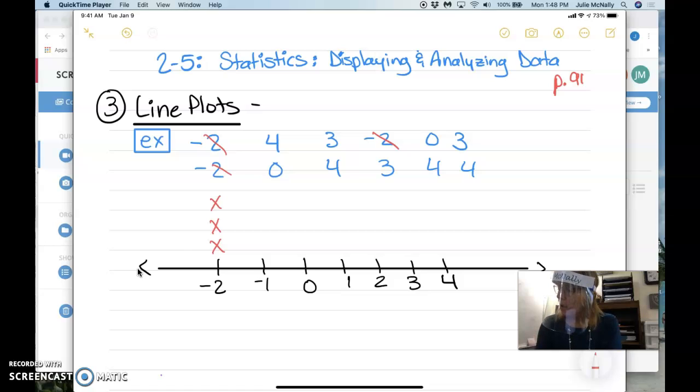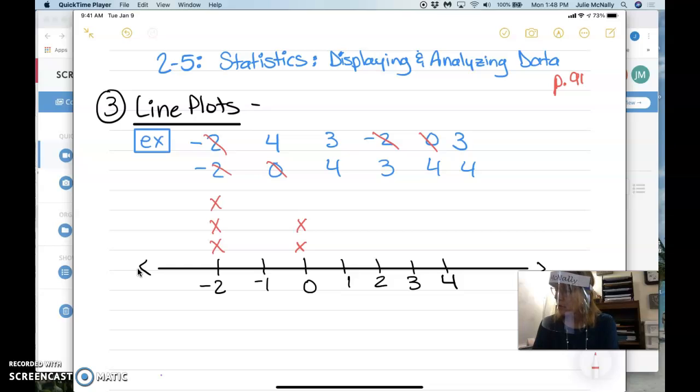So how many -1's do I have? 0. How about zeros? I have 2 zeros, so now I'm going to put 2 X's for my 2 zeros. And see how I'm trying to keep it in line with my first X's? And how many 1's do I have?